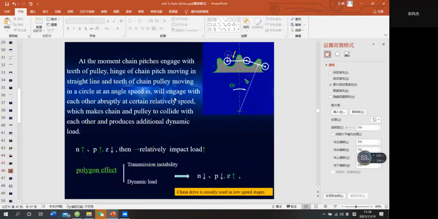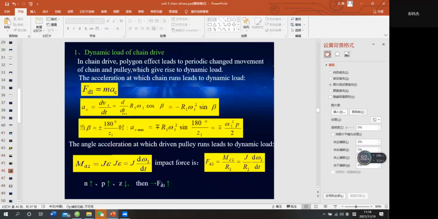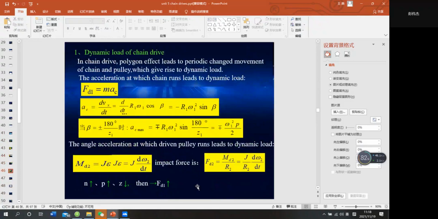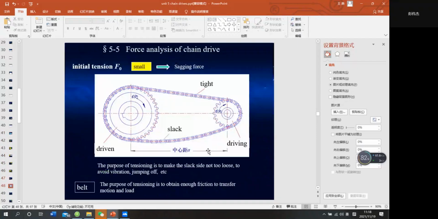And then you should understand the polygonal effect and know how to decrease it. Usually, we can decrease the speed n, decrease the pitch, and increase the number of teeth, in order to decrease the polygonal effect.